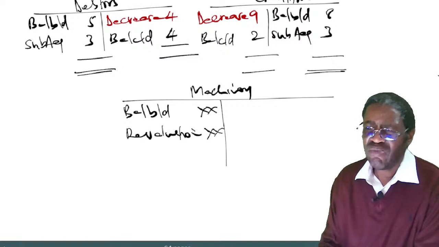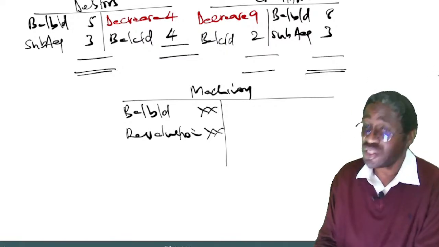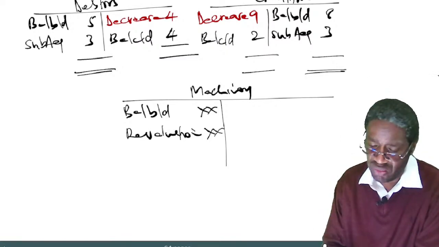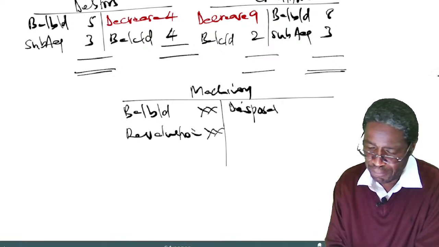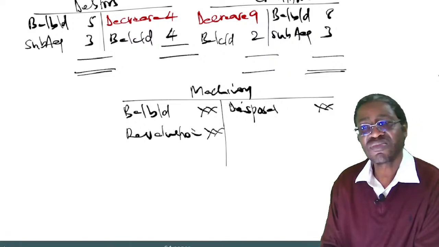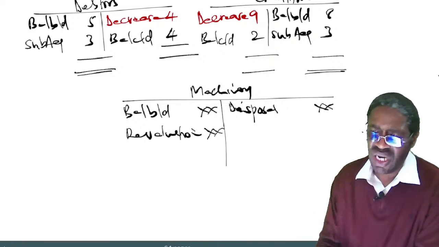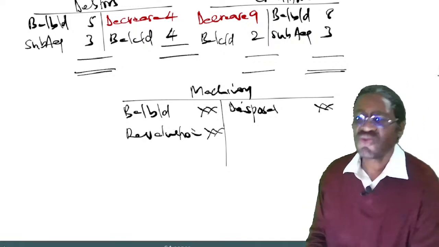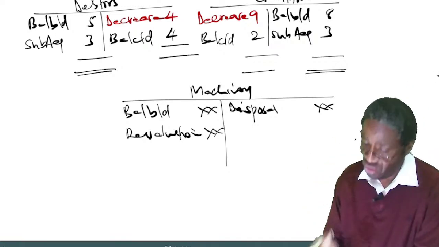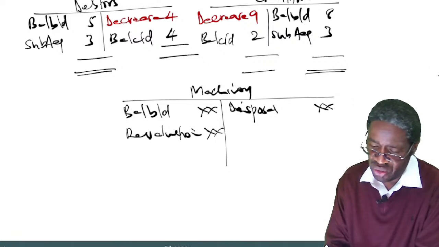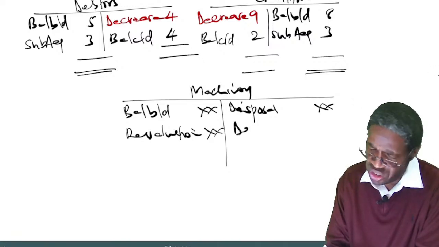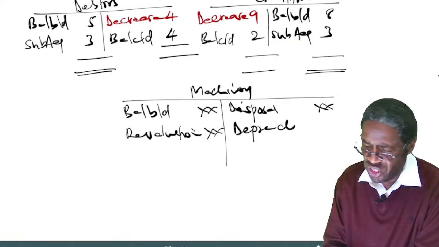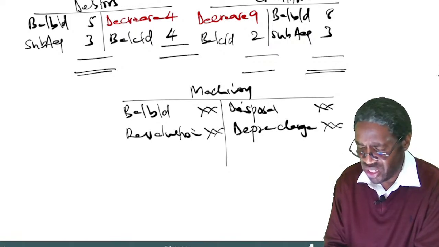During the year, maybe you disposed one of the machineries. As a company, you sold one of the machineries, you remove it. Disposal, whatever it is. Maybe during the year, your machinery lost some value through depreciation. Of course, depreciation charge reduces the value of the machinery.